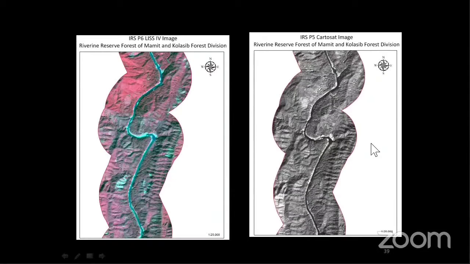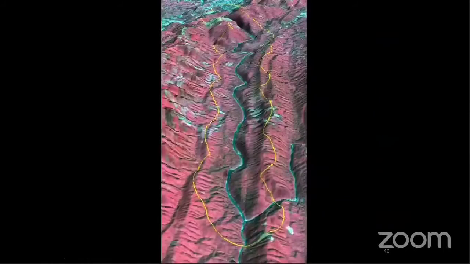However, if you see the DEM data in 3D, you will get the segregation, and you will feel all the other factors you should use. So the DEM is very important. If you have a DEM, you should use it.